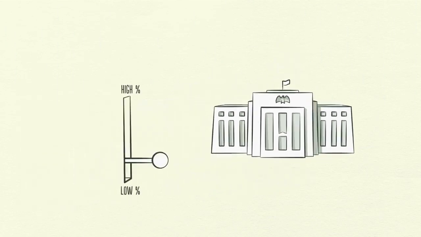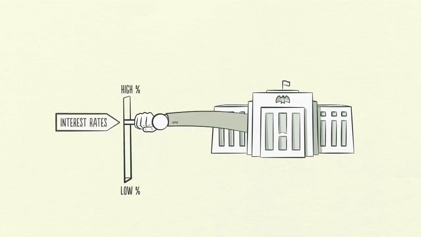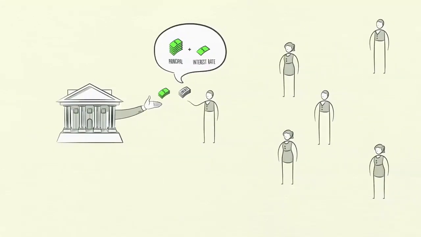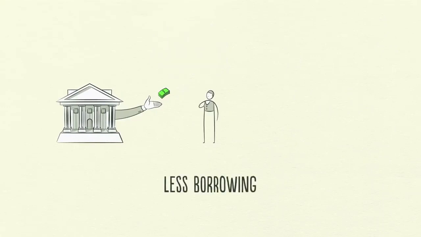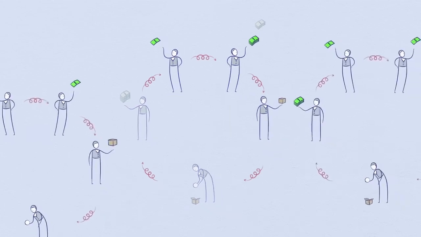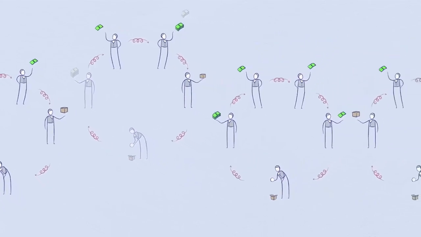Seeing prices rise, it raises interest rates. With higher interest rates, fewer people can afford to borrow money, and the cost of existing debts rises. Think about this as the monthly payments on your credit card going up. Because people borrow less and have higher debt repayments, they have less money left over to spend, so spending slows. And since one person's spending is another person's income, incomes drop, and so on and so forth.